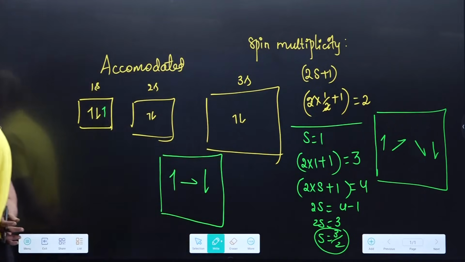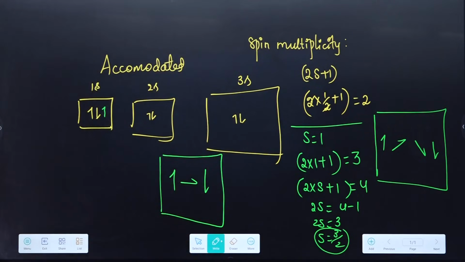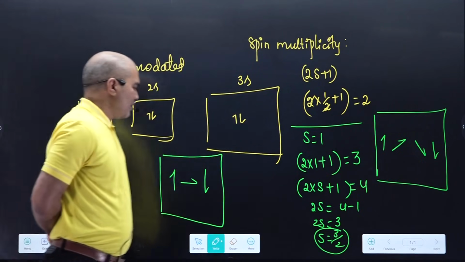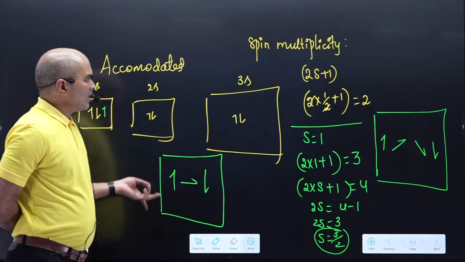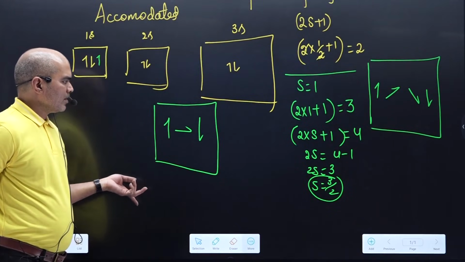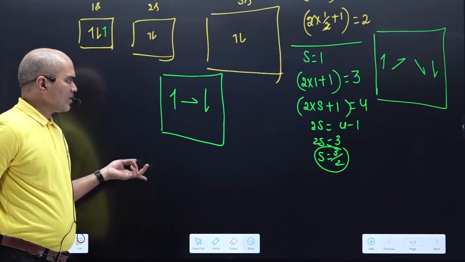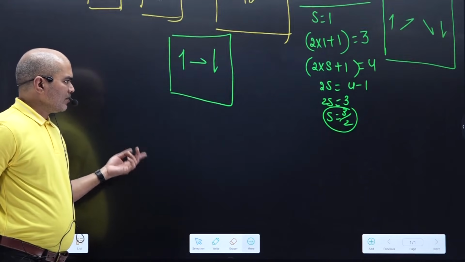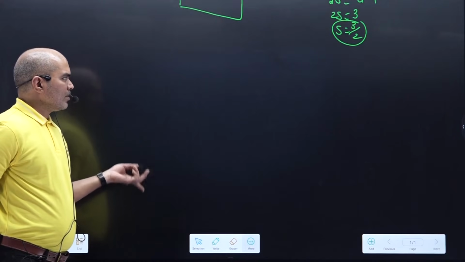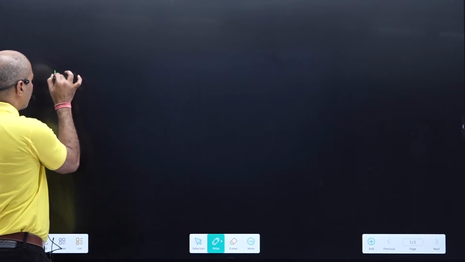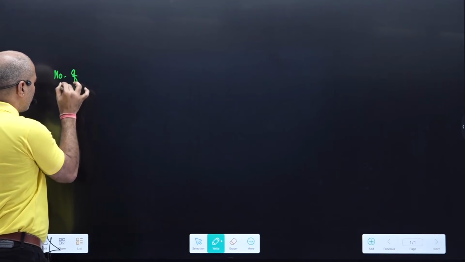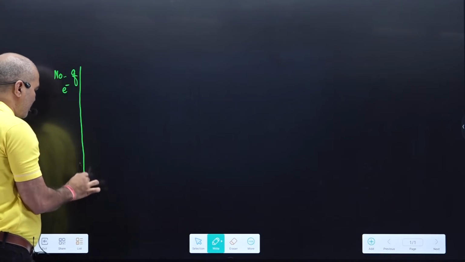Any orbital can take up only 2 electrons because the spin of any electron is 1 by 2.